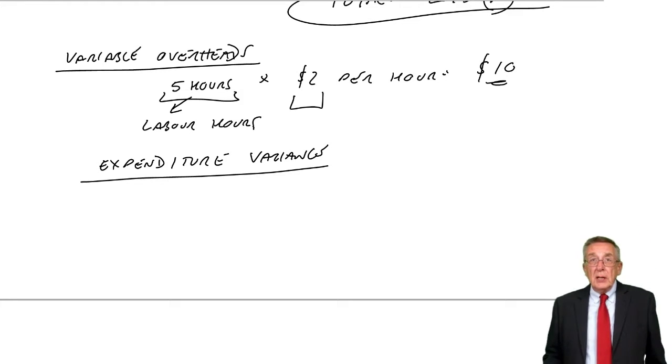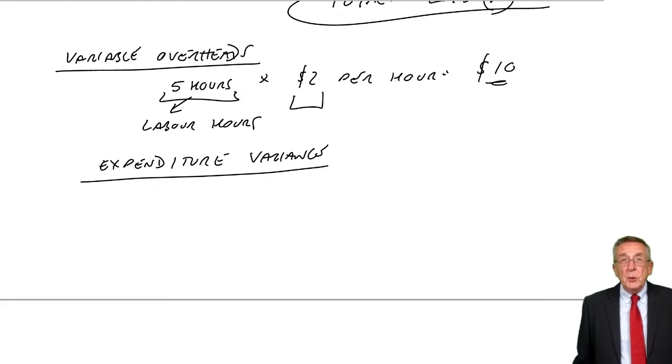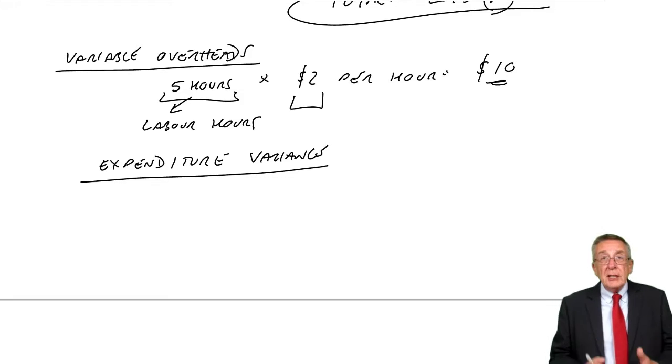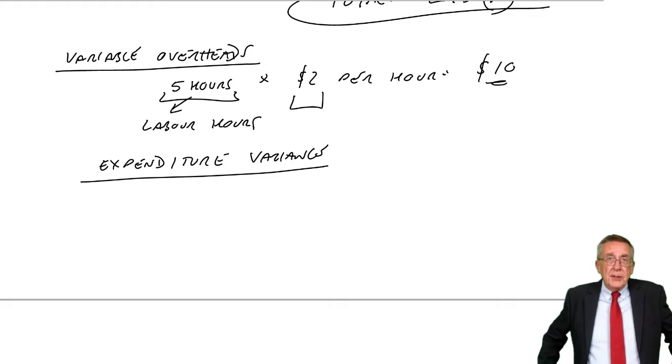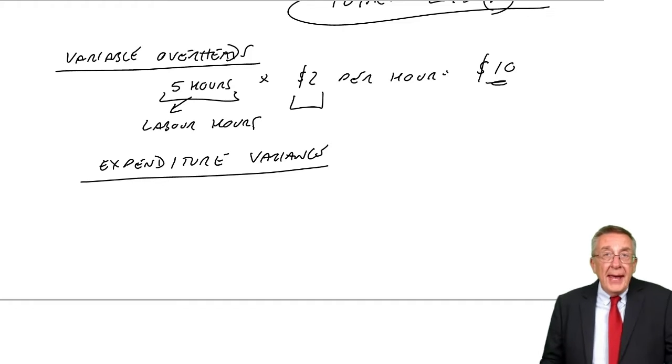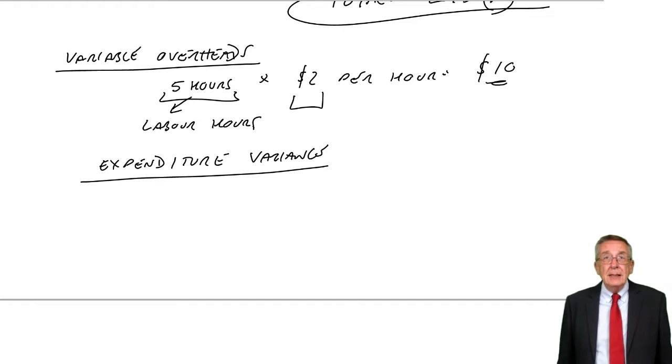And quite importantly, we assume that overheads only occur in hours we're actually working. And you remember with labour, they paid for extra hours when they weren't doing any work. Well, fine. For labour, because we were paying them for those extra hours, it cost us money.